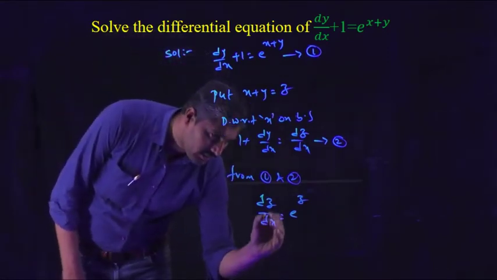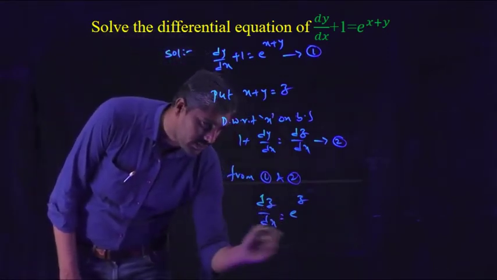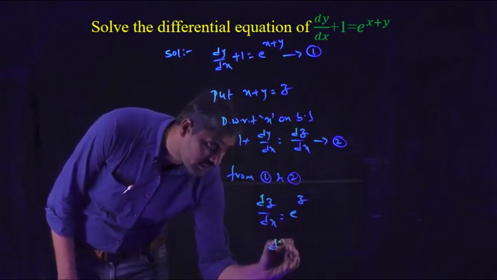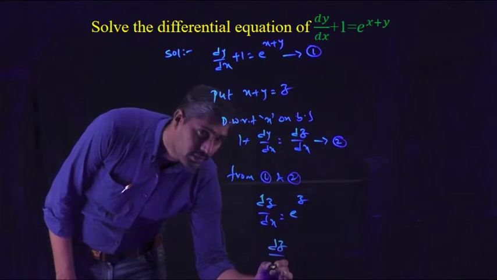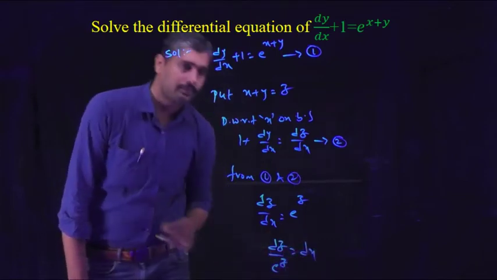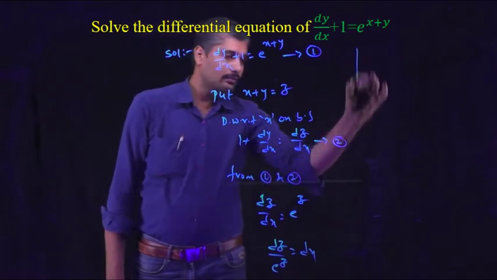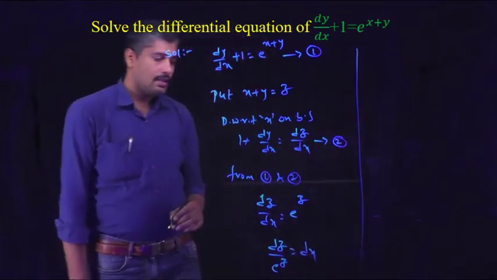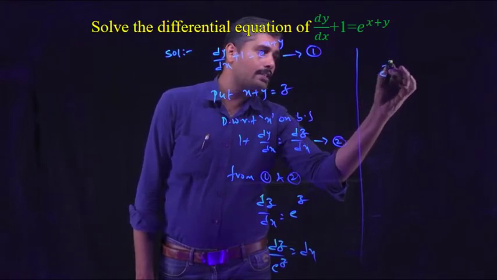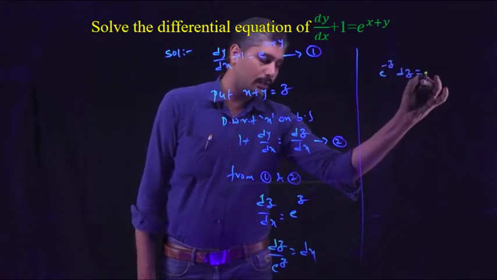Then here dz is there left side. That's why take e power z left side, that is dz by e power z equal to dx. See, take numerator e power minus z into dz equal to dx.